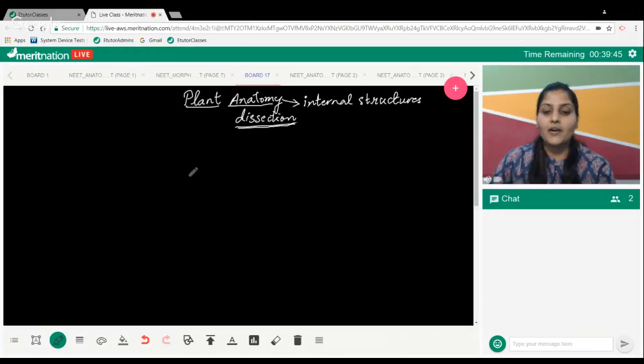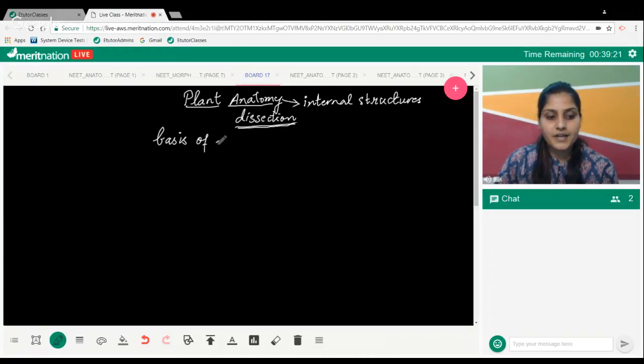Now, if you talk about the internal details of a plant, there are different types of tissues and different organizations that you come across, and so we have classified the tissues of plants on the basis of their differentiation. What does it mean?